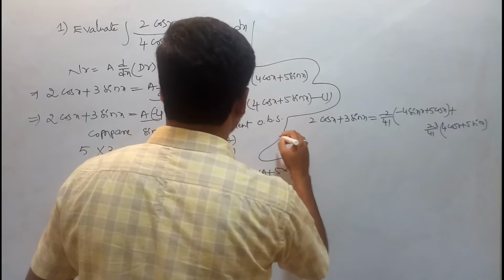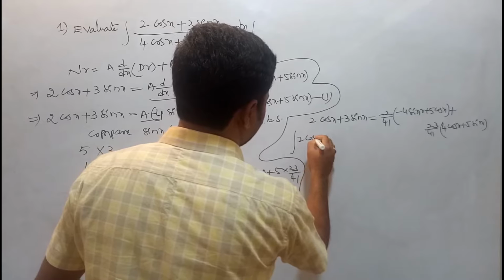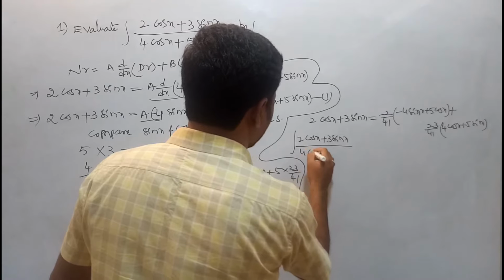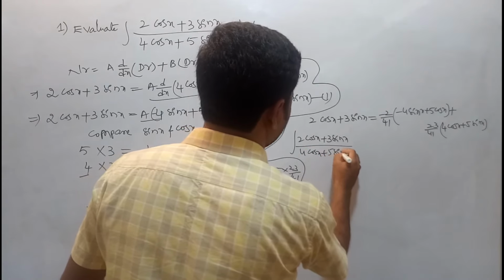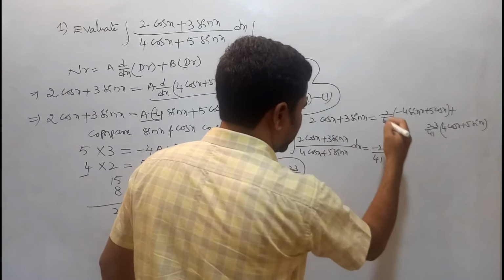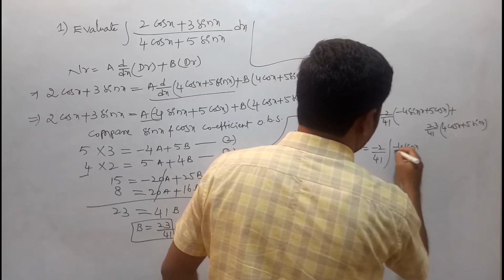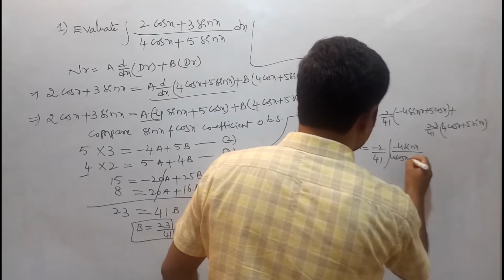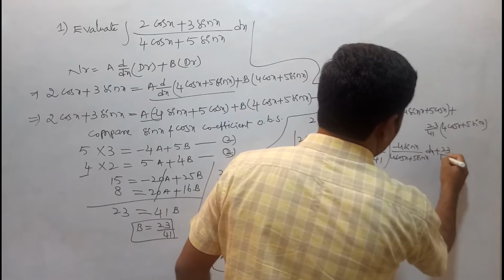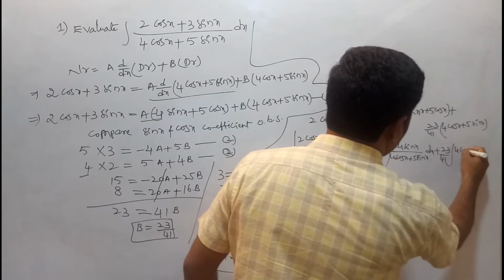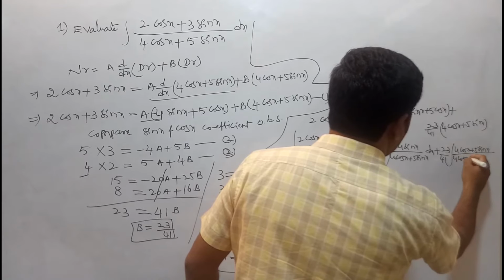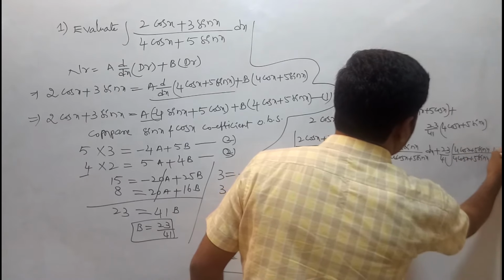Now integral of (2 cos x plus 3 sin x) by (4 cos x plus 5 sin x) into dx is equal to minus 2 by 41 integral of (minus 4 sin x plus 5 cos x) by (4 cos x plus 5 sin x) into dx plus 23 by 41 integral of (4 cos x plus 5 sin x) by (4 cos x plus 5 sin x) into dx.